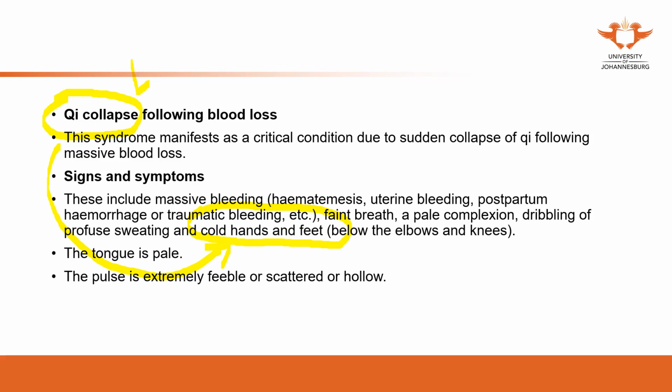The reason why we need to identify the difference between these two is because in this situation, such as qi collapse due to blood loss, how can we treat this kind of problem? In Chinese medicine, apart from stopping bleeding, we're going to tonify the qi because we think that qi is very important to constrain the blood.